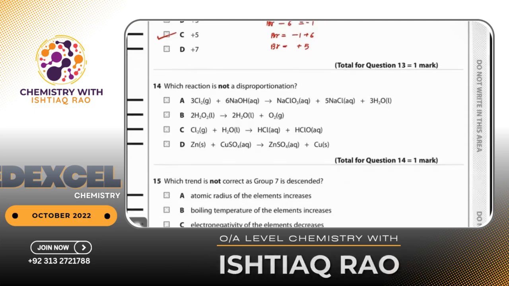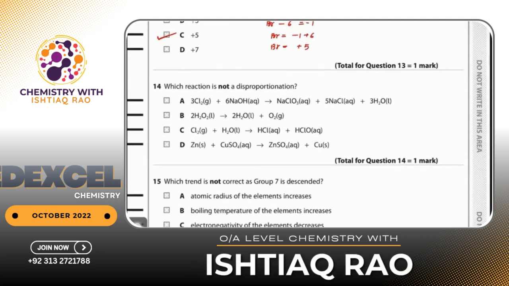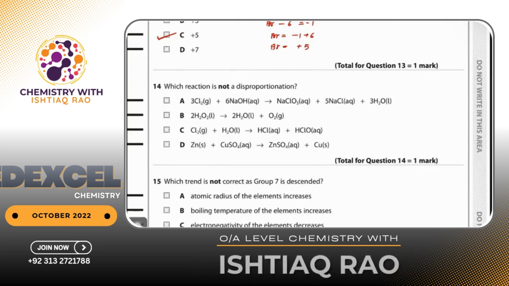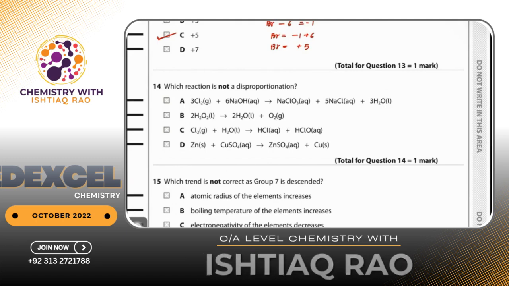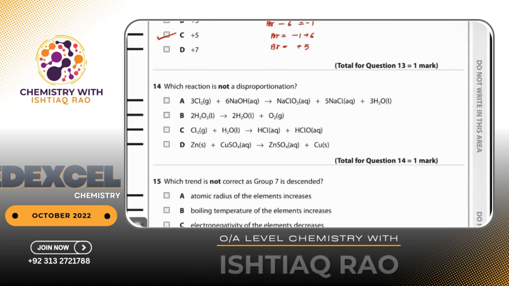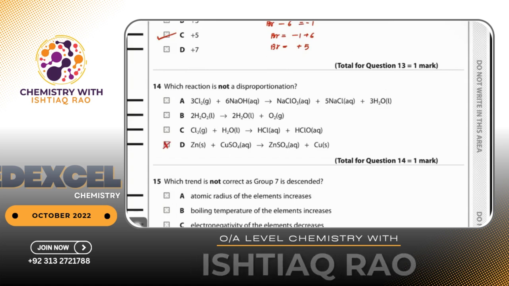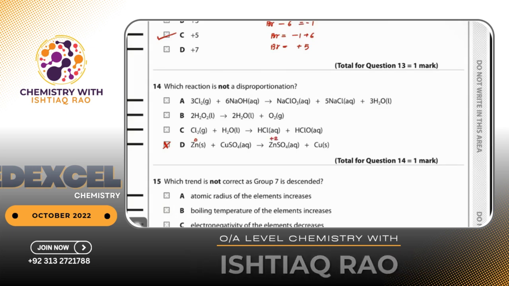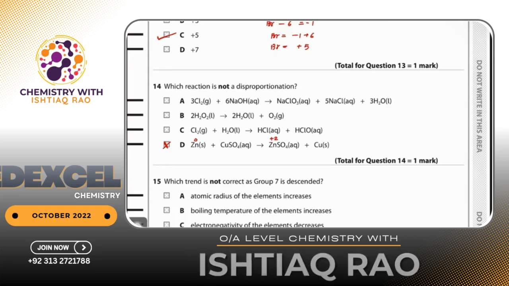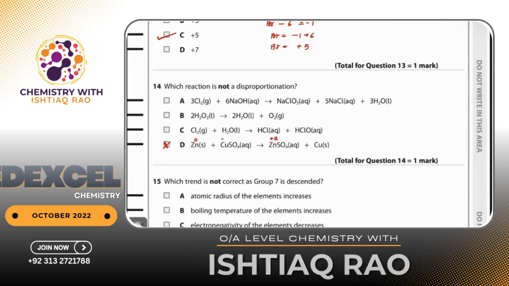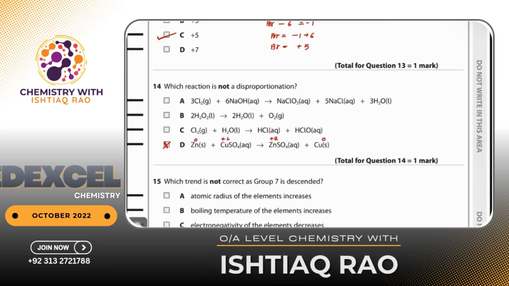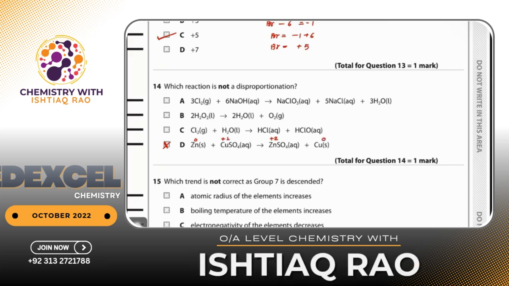Which reaction is not a disproportionation reaction? So then we have to check it. Yes, this is not. You know why? The same element is not being oxidized or reduced in this reaction, it's plus 2 to plus 2.